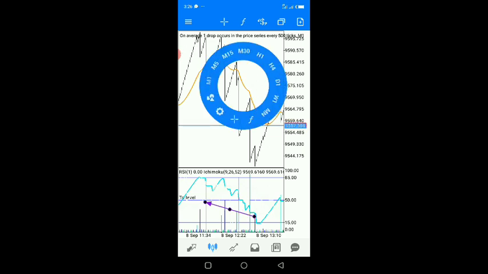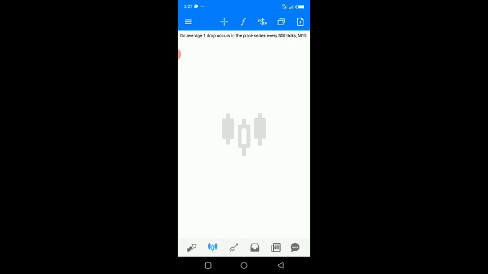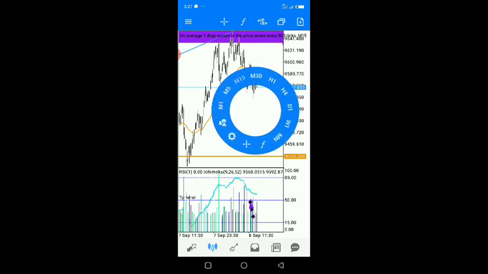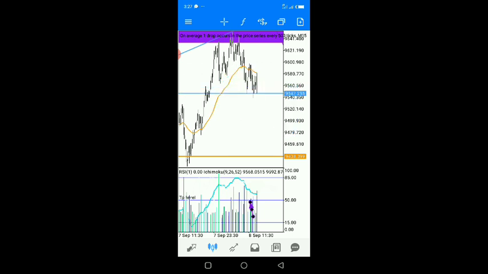But mind you, you also have to go to the 15 minutes time frame to see the general trend of the market. You have to know the general trend of the market before using this strategy. And as you can see from the 15-minute time frame, it's actually a downtrend market now.